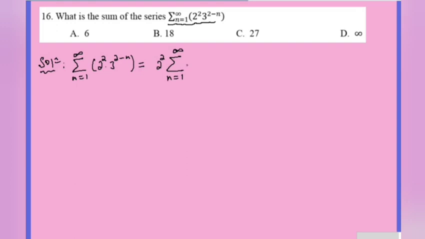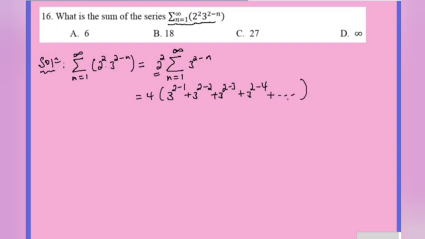The inside term will be 3 to the power of 2 minus n. Now 2 squared is 4. For n equals 1, this becomes 3 to the power of 2 minus 1. For n equals 2, 3 to the power of 2 minus 2. For n equals 3, 3 to the power of 2 minus 3, and so on.